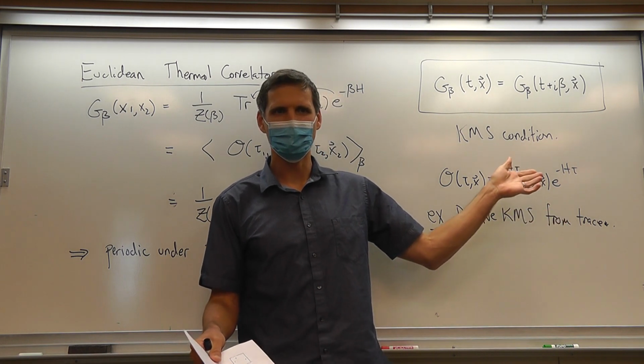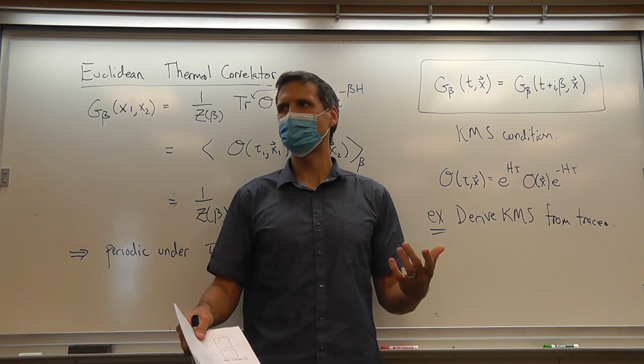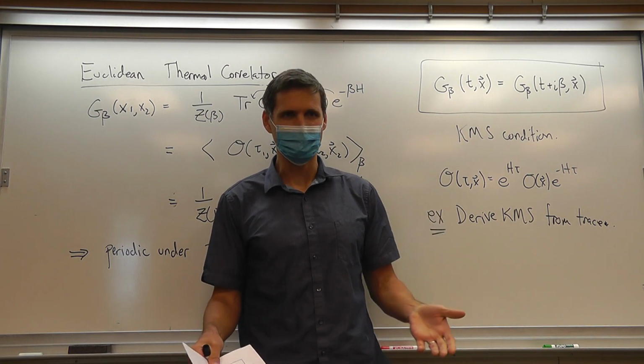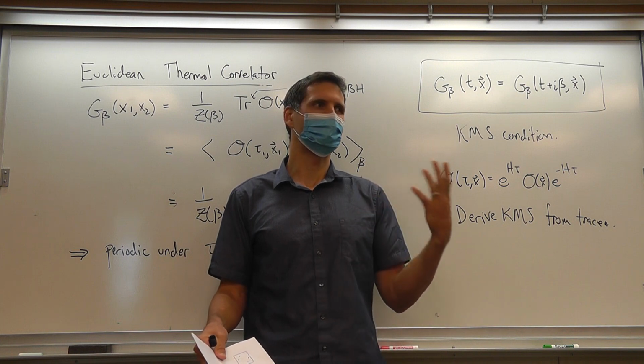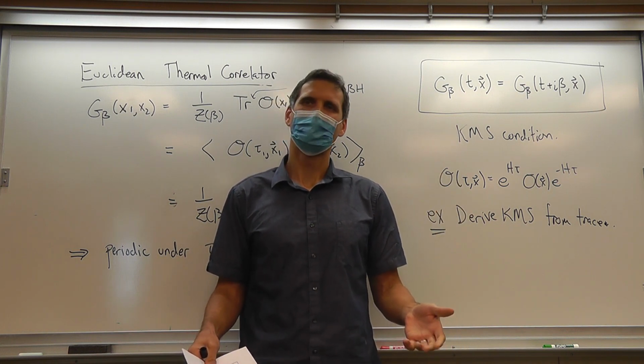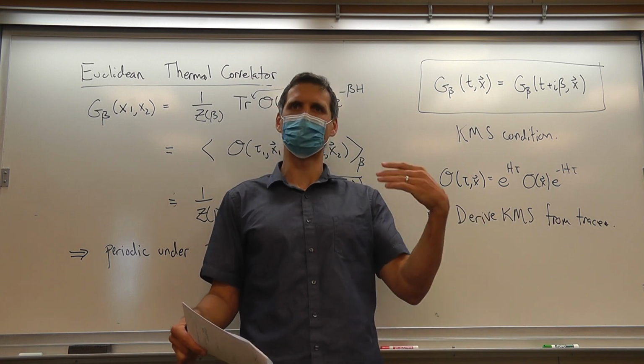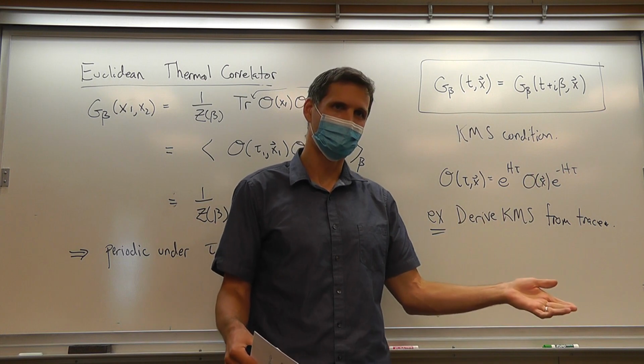In that case, with that point of view, these are axioms that I'm writing. But an alternative is to start with some axioms in Lorentzian signature, like causality and other nice things that we'd like quantum field theories to obey. And then you can analytically continue from Lorentzian signature to Euclidean signature.